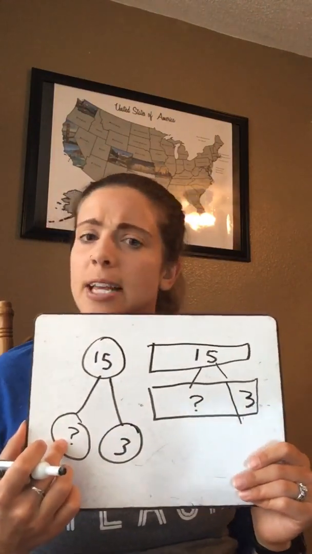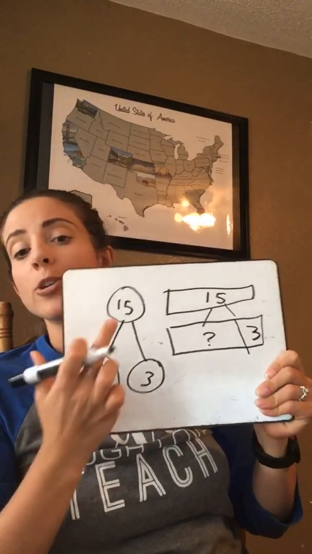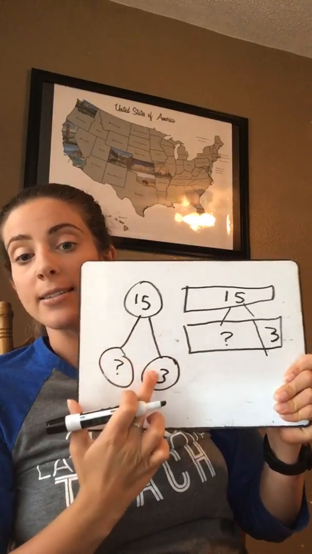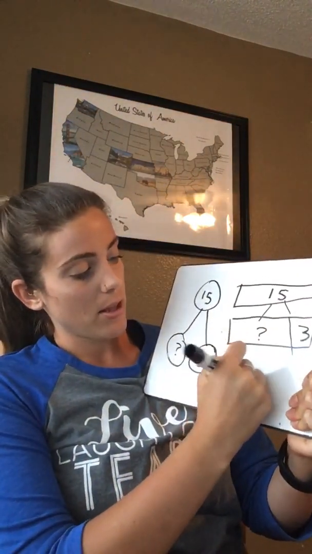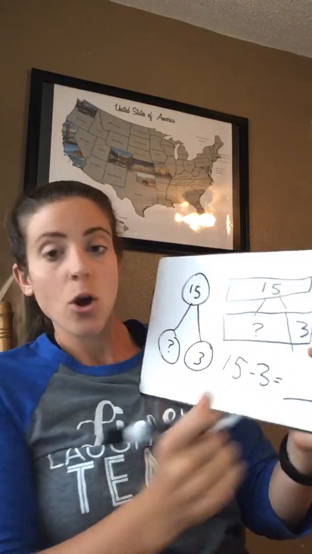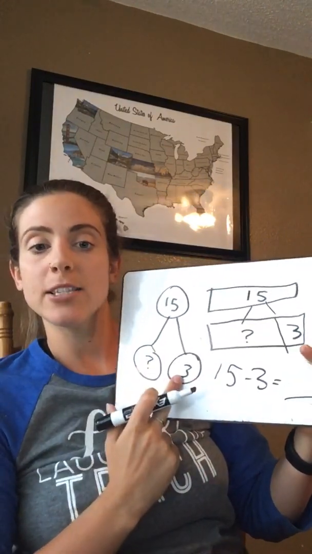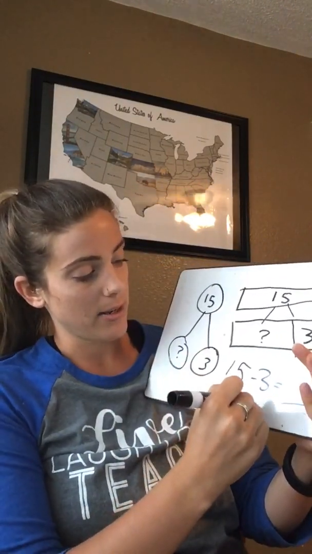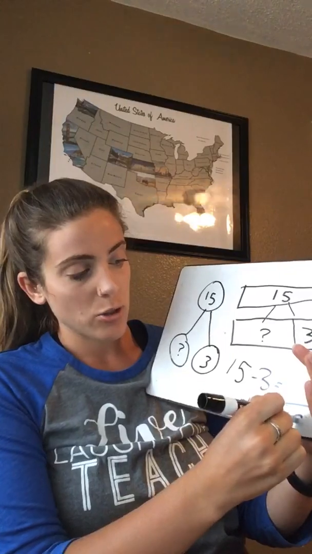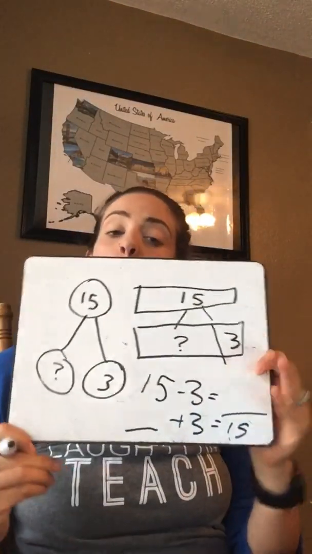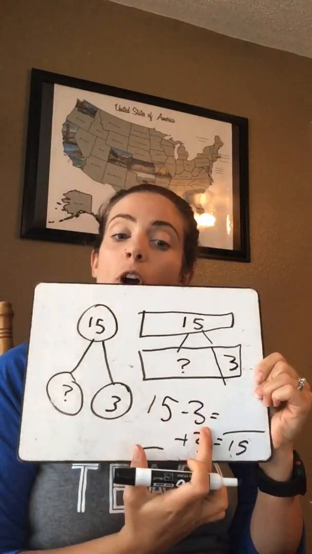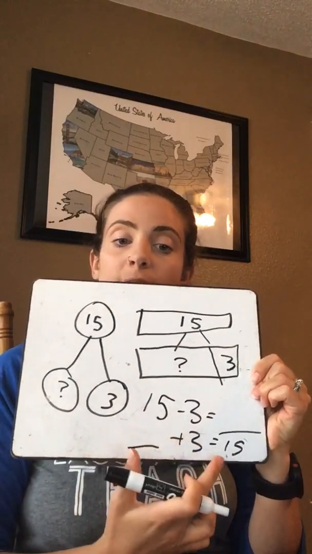So how could we solve this? Can you think of some number sentences we could use? We could do 15 minus 3 could give us how many Cindy did. Or we could think, what plus 3 gives us 15? So we could solve this either way. We could count backwards from 15 3 times, or we could think, what plus 3 gives us 15?